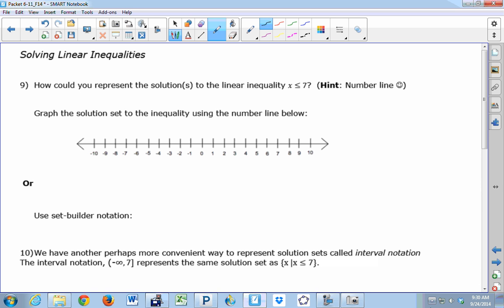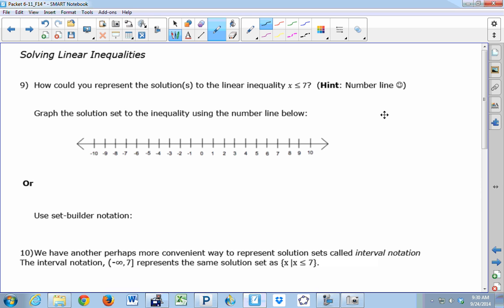So if I asked you to represent the solution to this linear inequality, all the work has been done for you. So here's my linear inequality. X is less than or equal to 7. And I asked you to represent it with a number line. How would you represent that? Does anybody remember how you did it a long time ago? How would you represent X is less than or equal to 7 on the real number line?